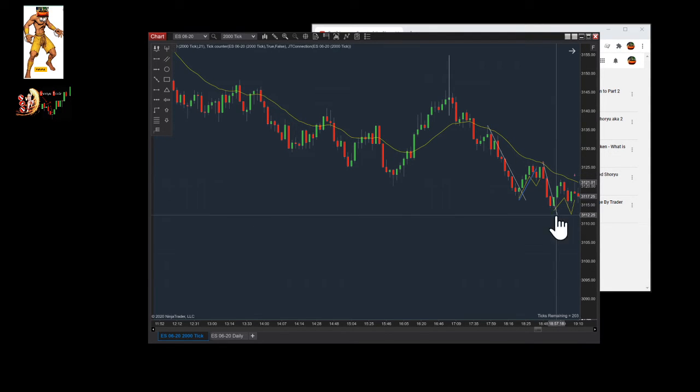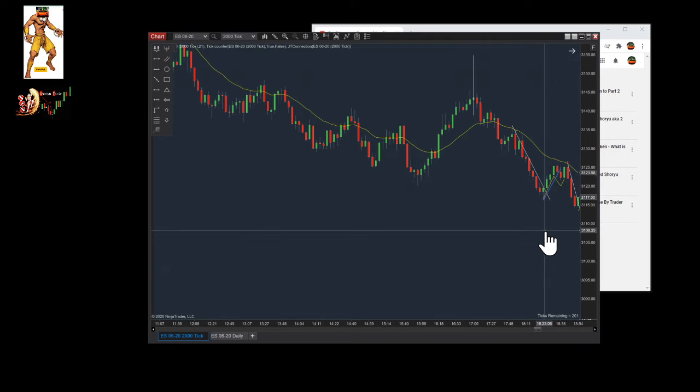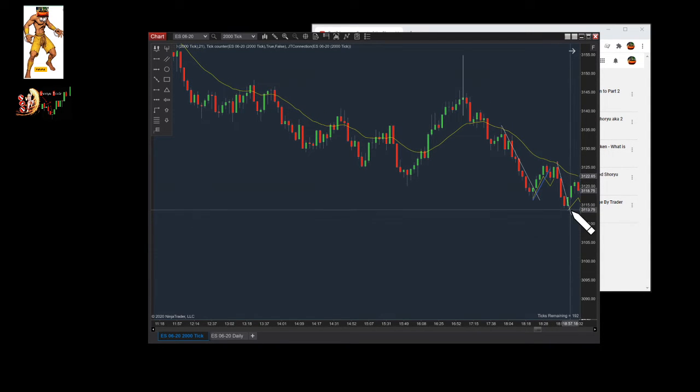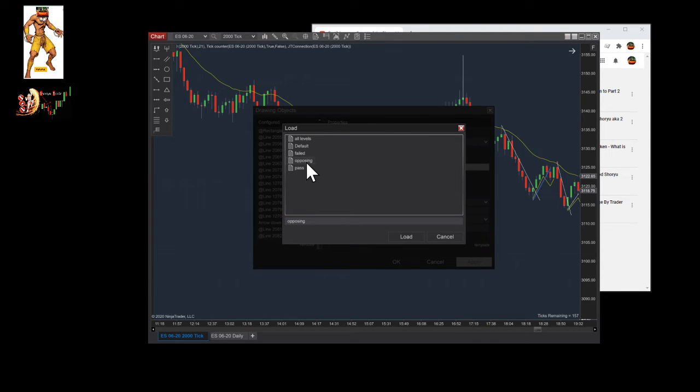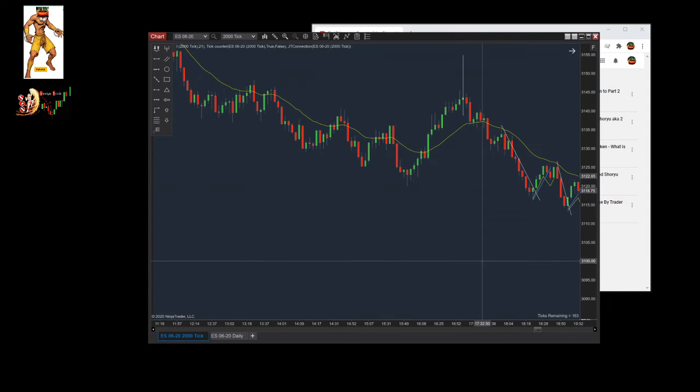So you draw your STT, right? Then you draw your opposing. Okay, so opposing. And what you are looking at, okay, is to have basically a two-legged move.